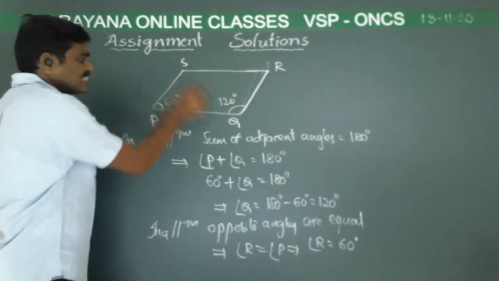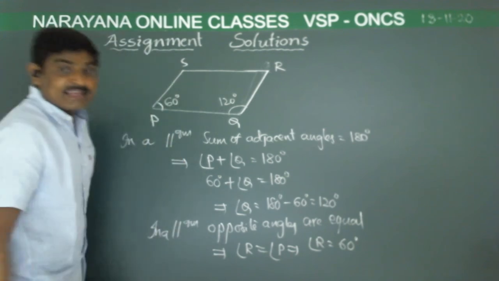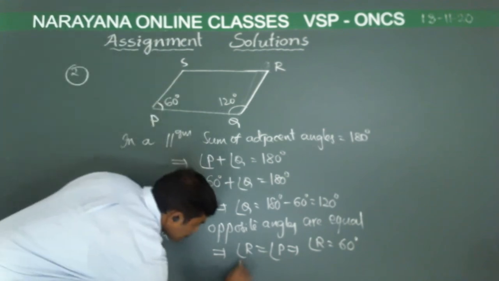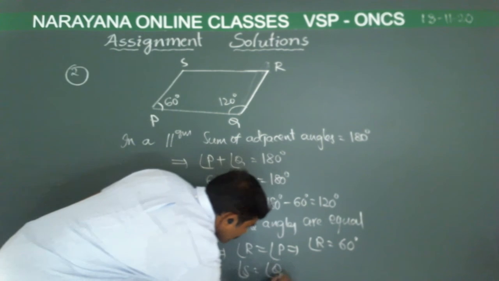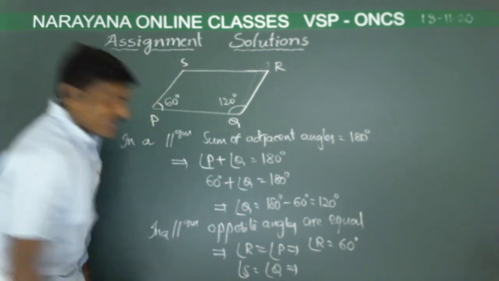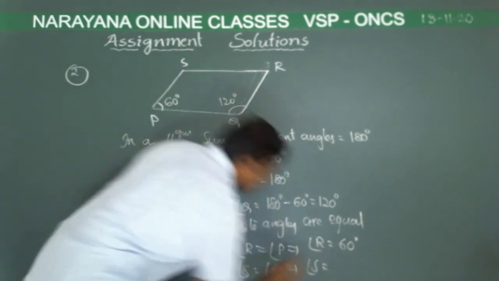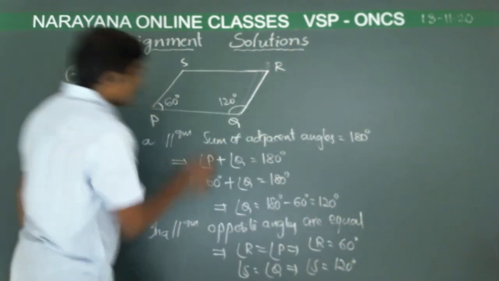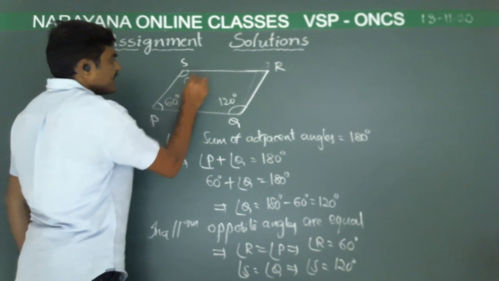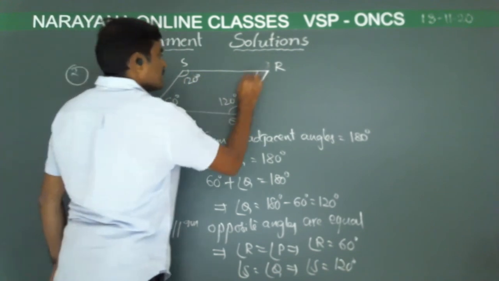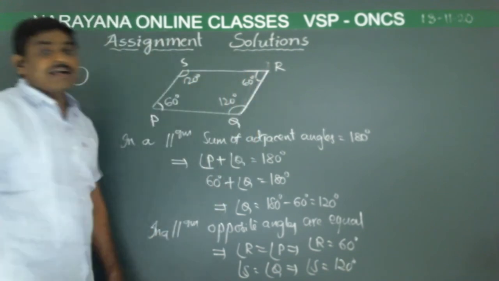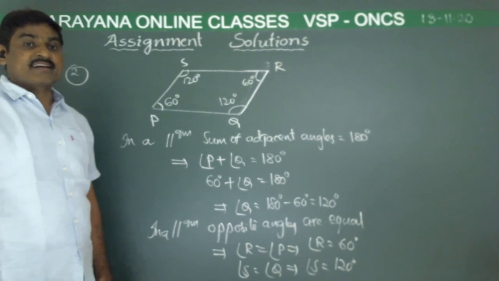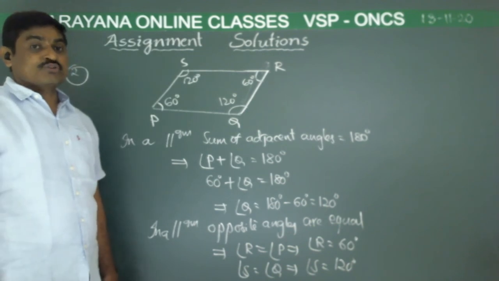And angle S is equal to angle Q. Already we found angle Q as 120, so angle S is 120 degrees. Angle R is 60 degrees. These are the remaining angles in the parallelogram. This is the second sum solution.